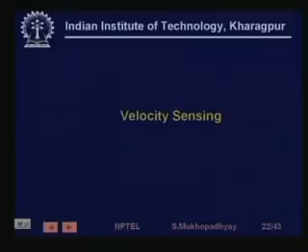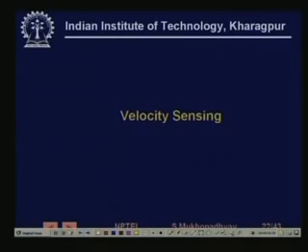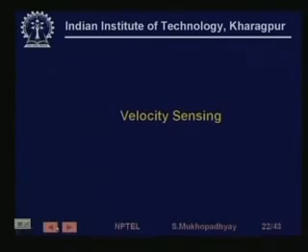If the field suddenly gets linked with the coil, you will get a pulse again. Such pulses can also be used for position detection, but similar coils are also used for velocity sensing. We will look at velocity sensing in that context. So now we come to velocity sensing.